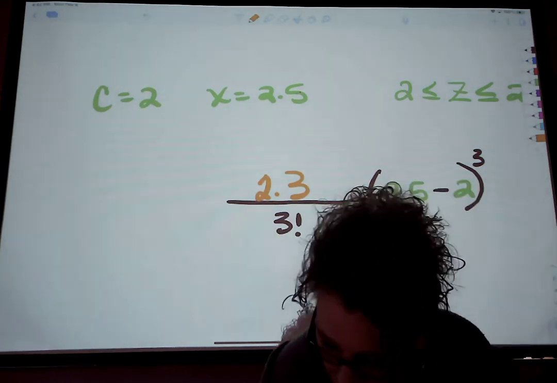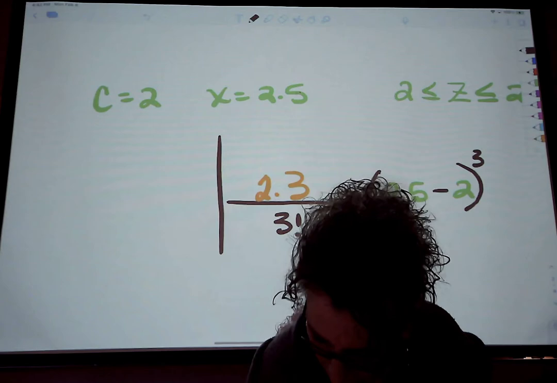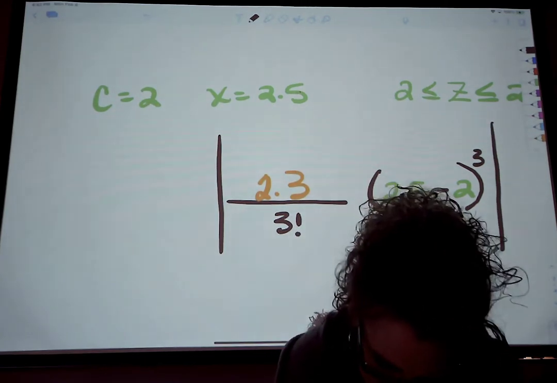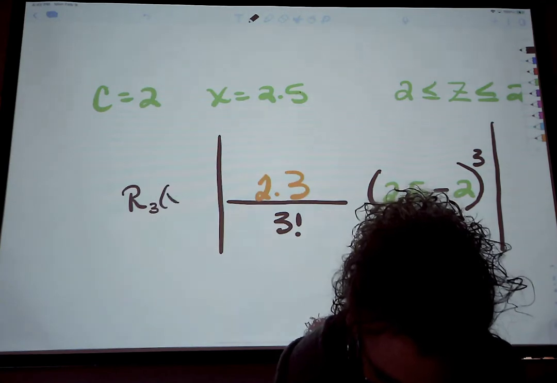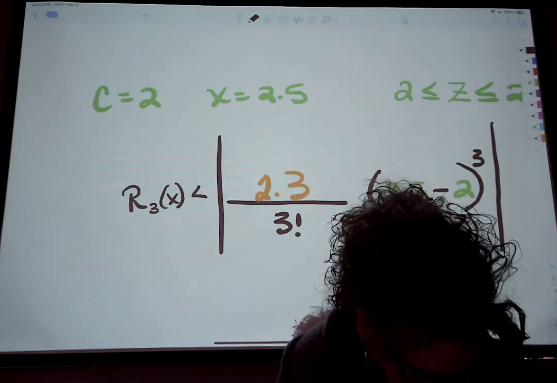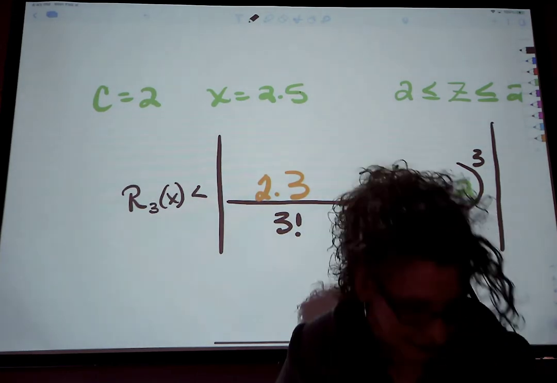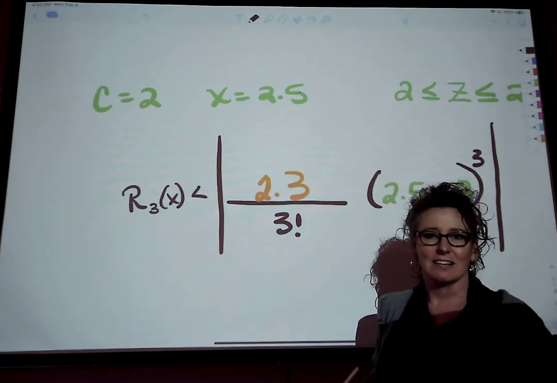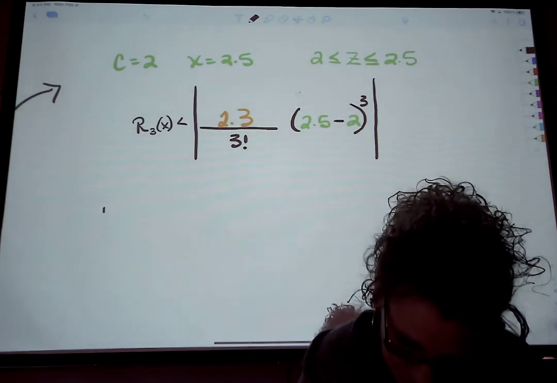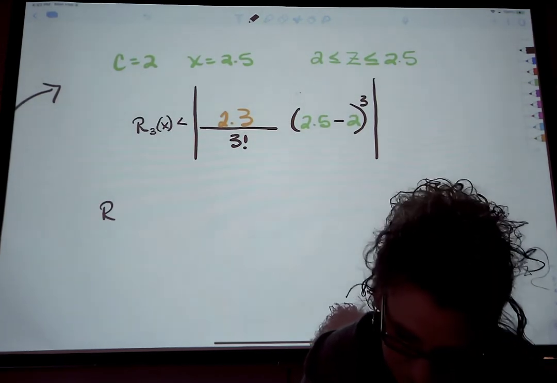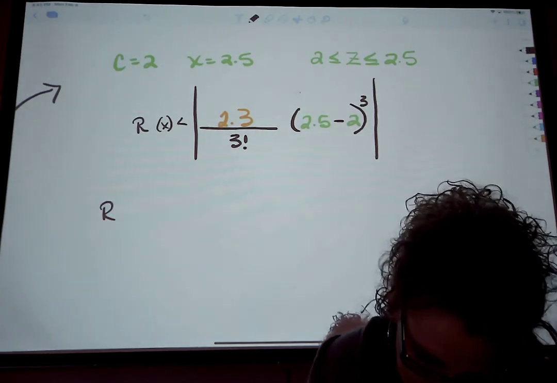Now, put it in absolute value, but I don't think we need them because I don't think that's ever going to be negative. And I can say that my remainder will be less than that because it was a less than sign up there. Do the math. Oh, sorry, hold on. Bad notation.